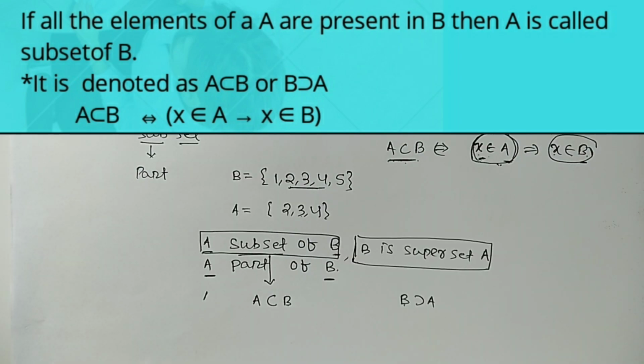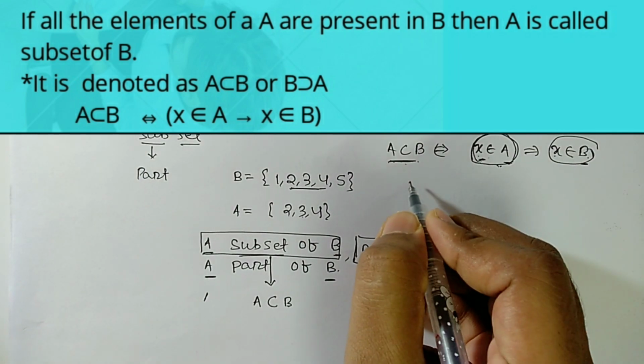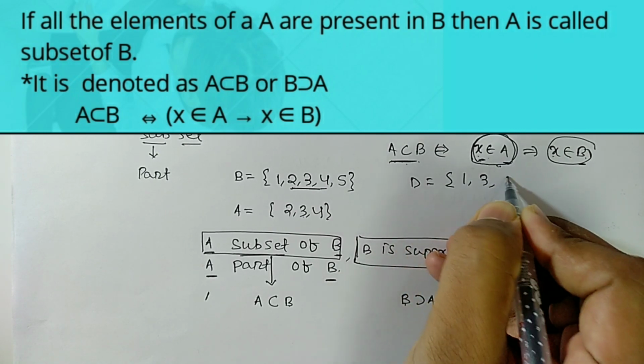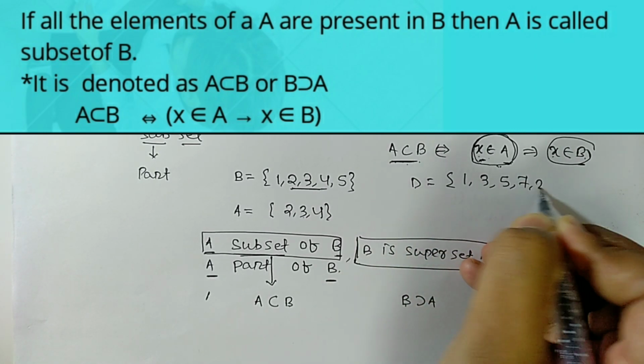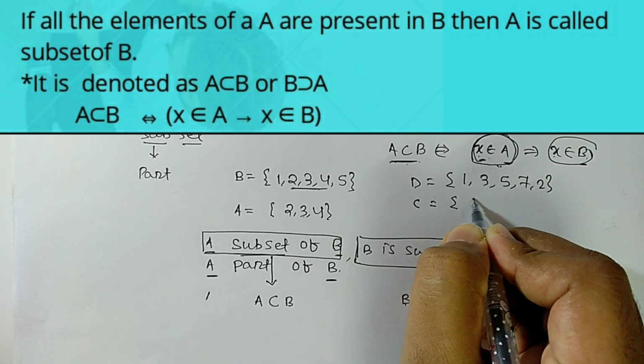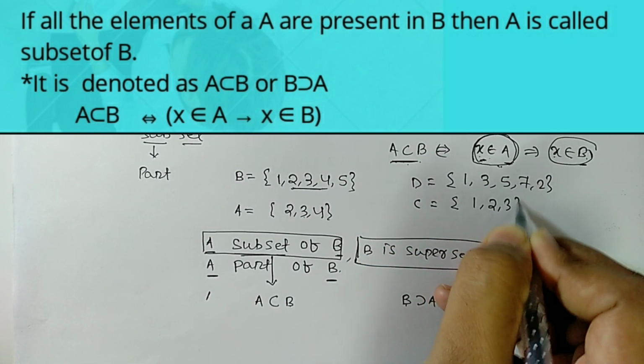Okay. For more clarification, we can take another example. Let us consider the set D which contains 1, 3, 5, 7 and 2, and the set C which contains the elements 1, 2 and 3.